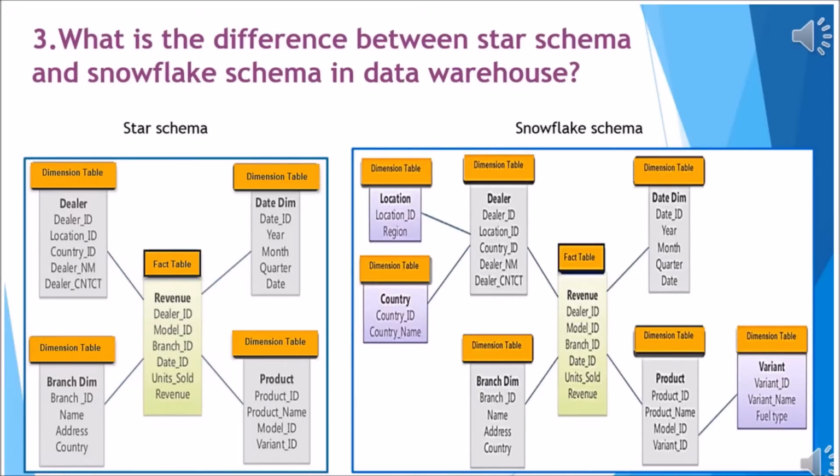And in star schema, we don't need to write complex queries because if you want any data or information, we just need to write one join on the fact table and dimension table. Not many joins are needed, and that's why the query performance will be better and the complexity will be very low.